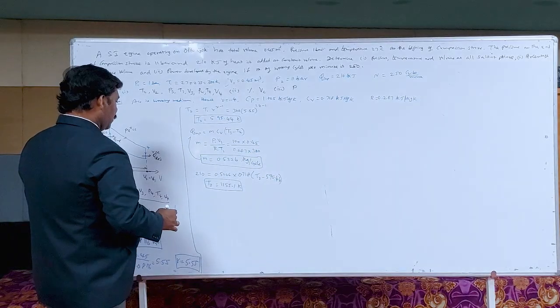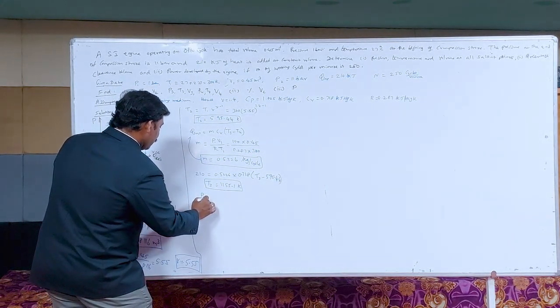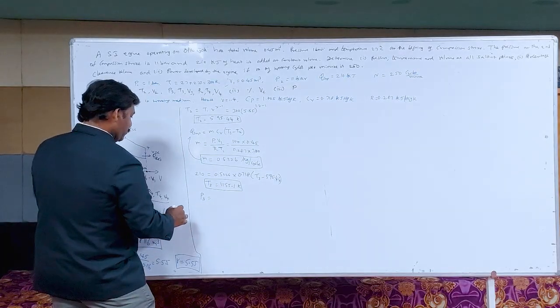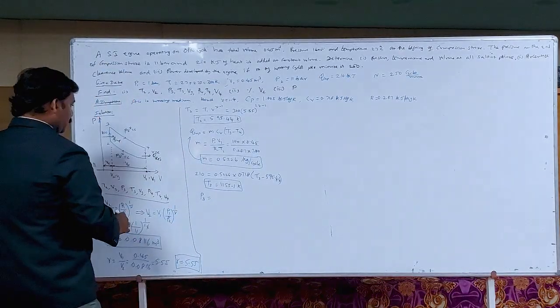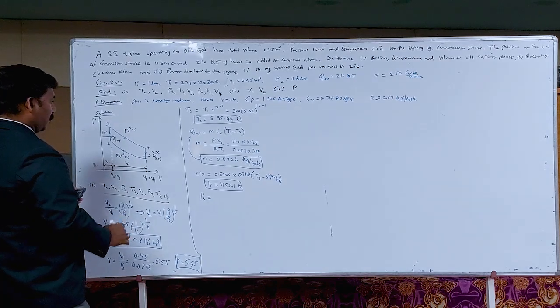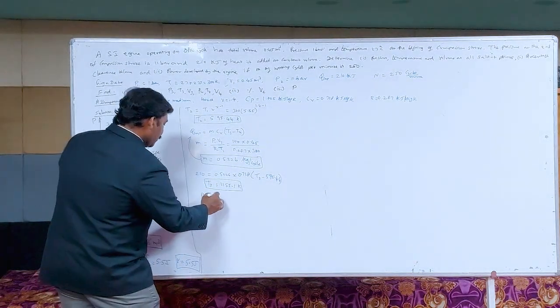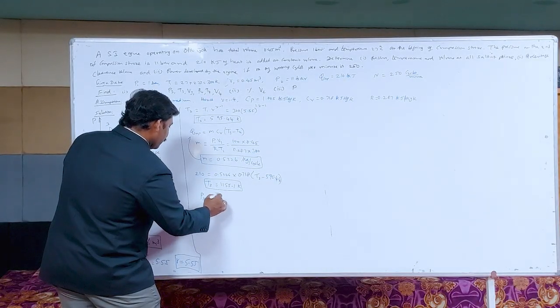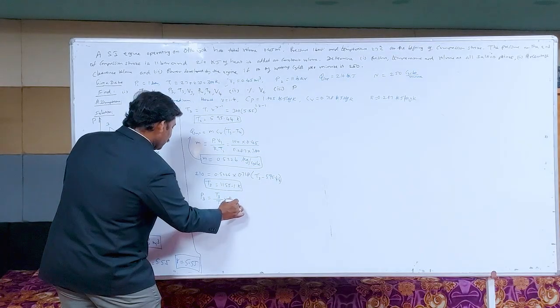To find P3, the process 2 to 3 is a constant volume process. So I can write the PVT relationship as P3 is equal to T3 by T2 into P2.